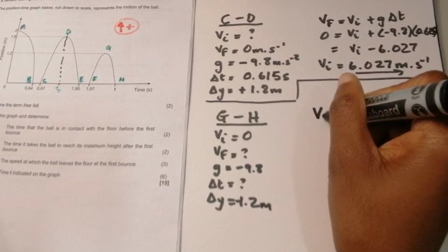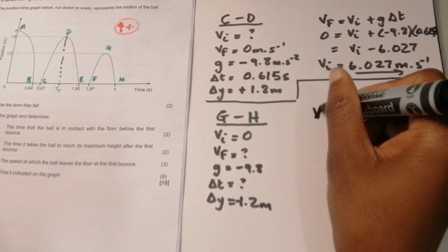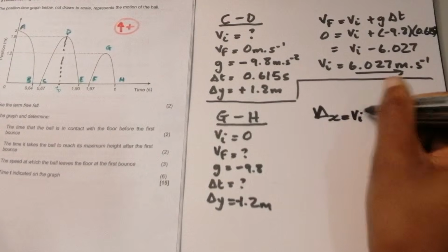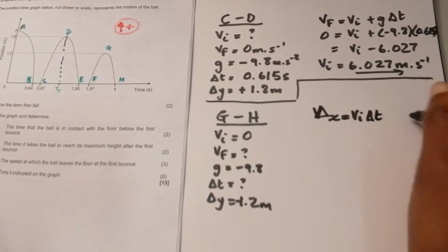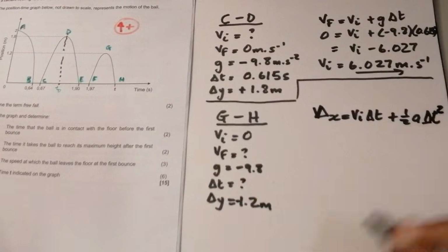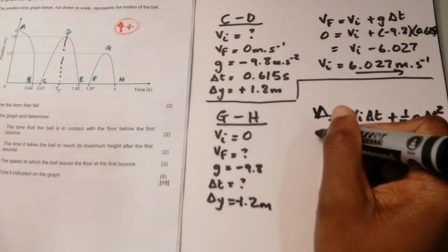So we're going to say delta x is equal to VI times time plus 1 over 2 a delta t squared. Right, let's substitute.